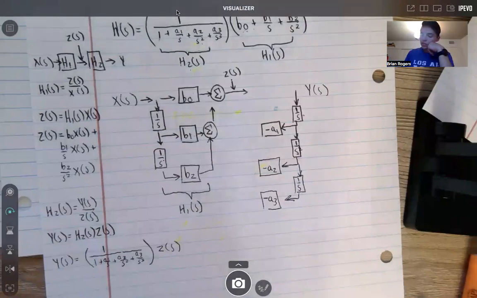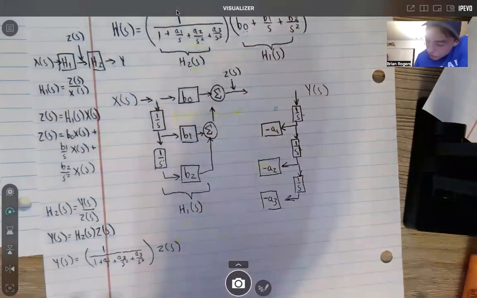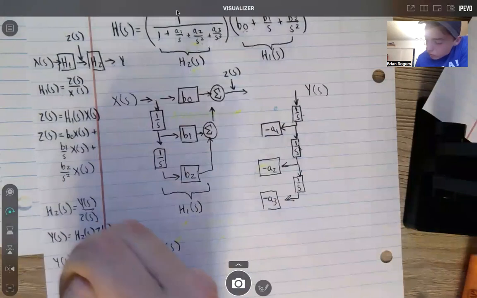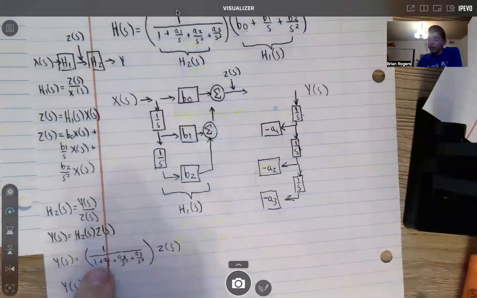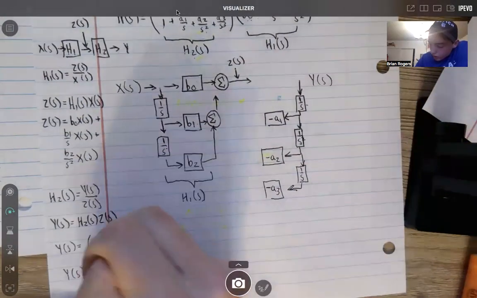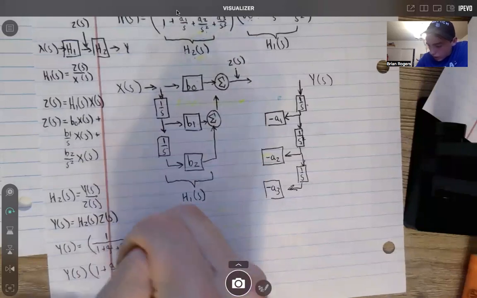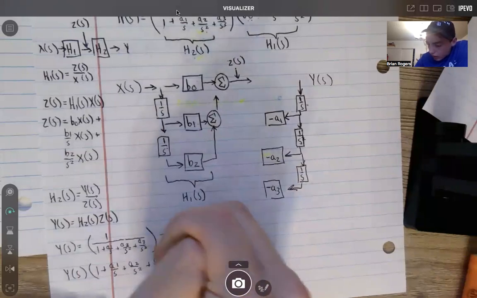We have to write it in terms of Y of S. If we divided this onto the other side, it's going to become Y of S times 1 plus A1 over S plus A2 over S squared plus A3 over S cubed, and that's going to be equal to Z of S.